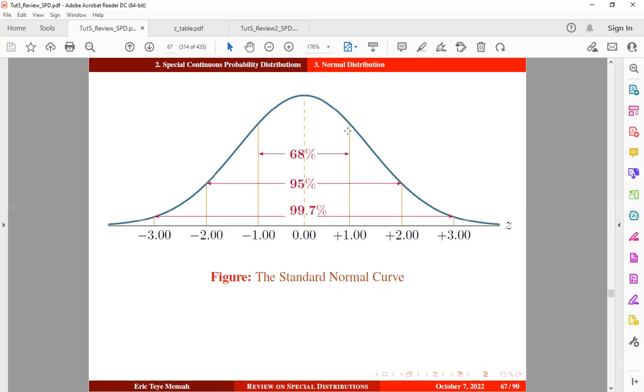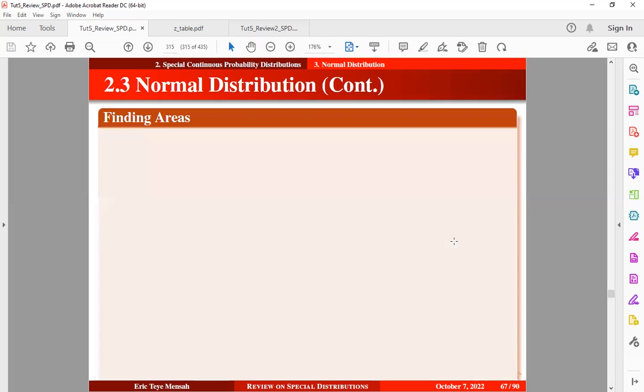The empirical rule states that given any distribution that is bell-shaped in this form, approximately 68% of the observations will lie within one standard deviation of the mean, approximately 95% will fall within two standard deviations of the mean, and approximately 99.7% of the observations will fall within three standard deviations of the mean.